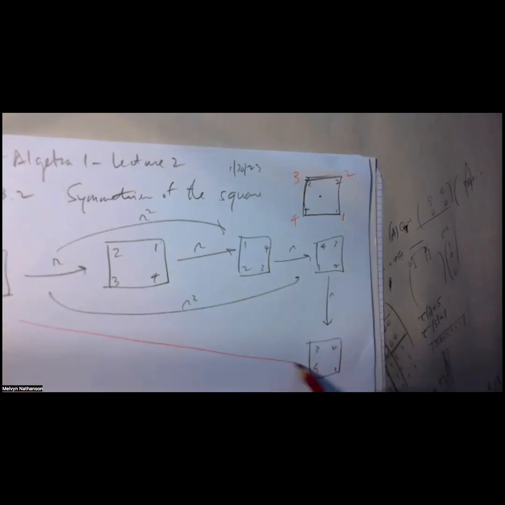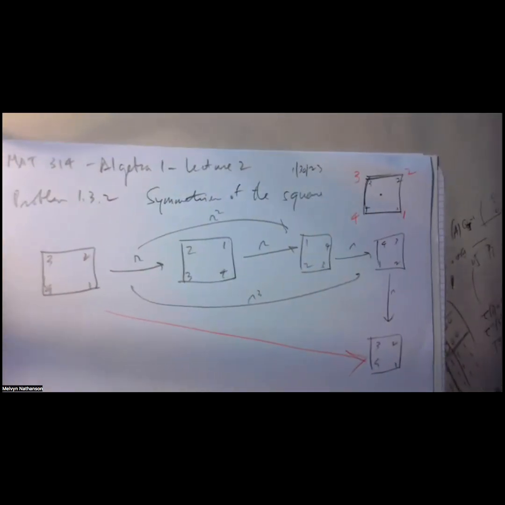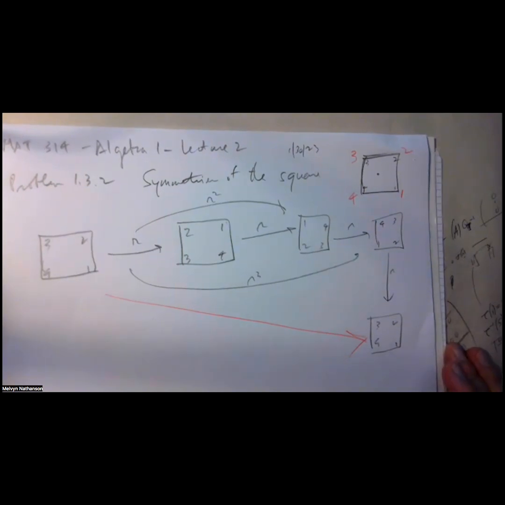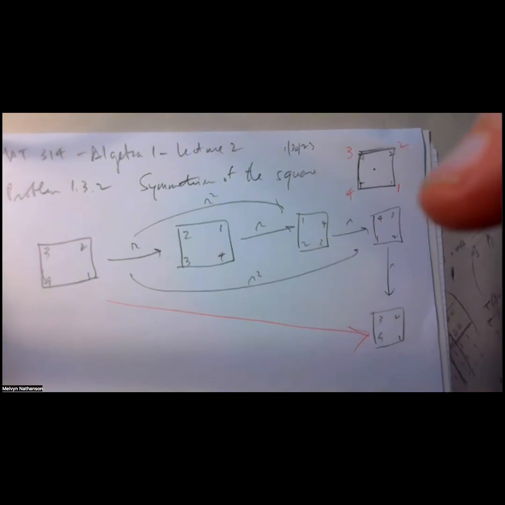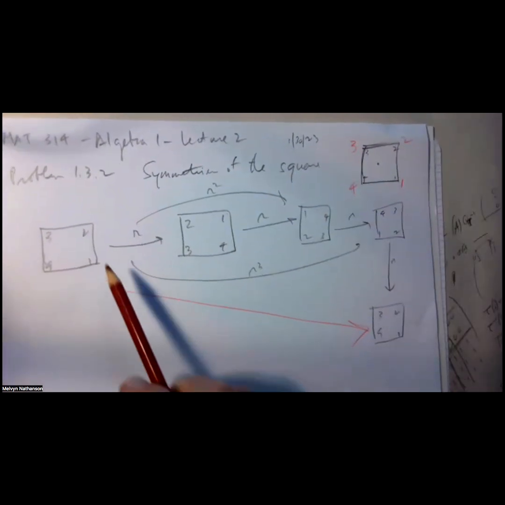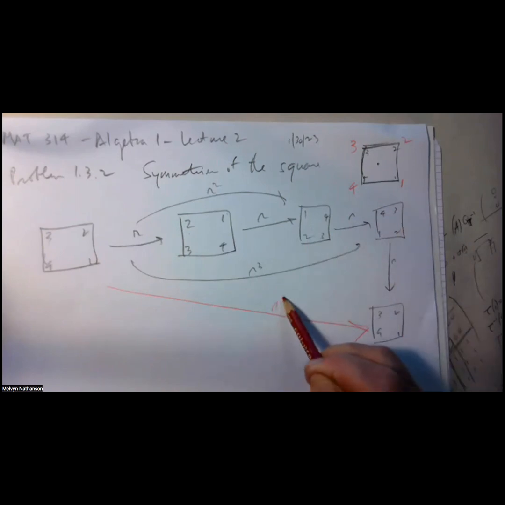And from here to here, that's what we got when we rotated. Let me try to show this a little bit better. If the paper's not on the screen and you have trouble seeing it, just let me know and I can adjust everything. So r squared, r cubed, this is r to the fourth.